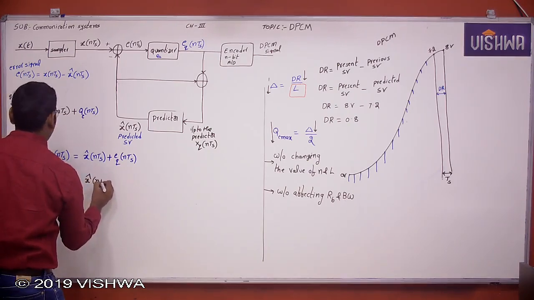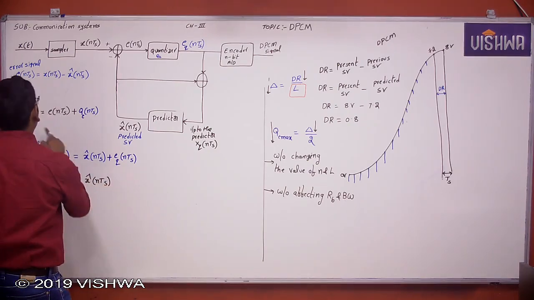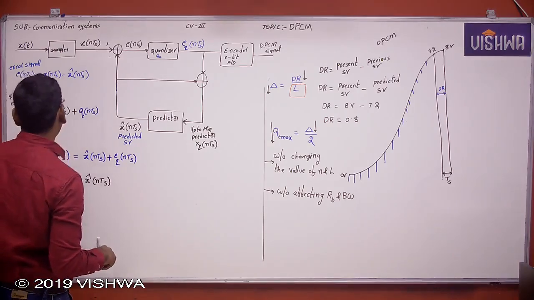Can I write it like this? Now this is eq of nTs.